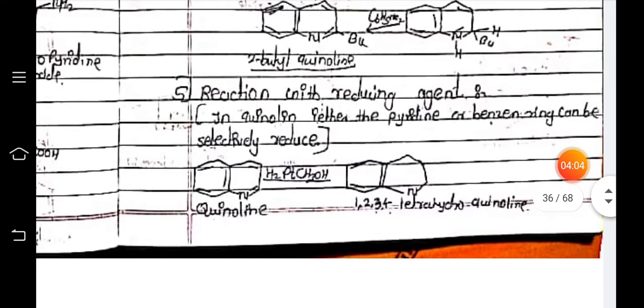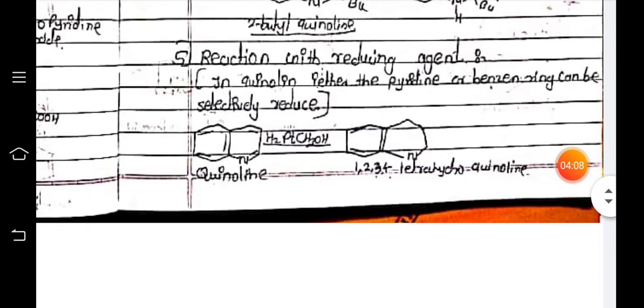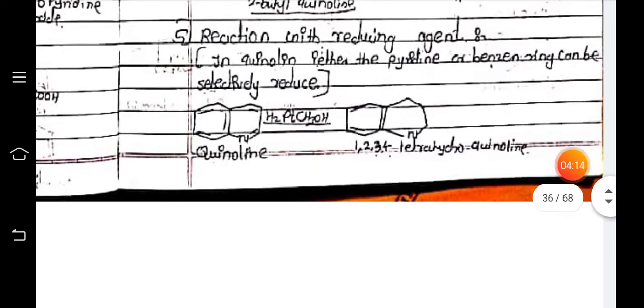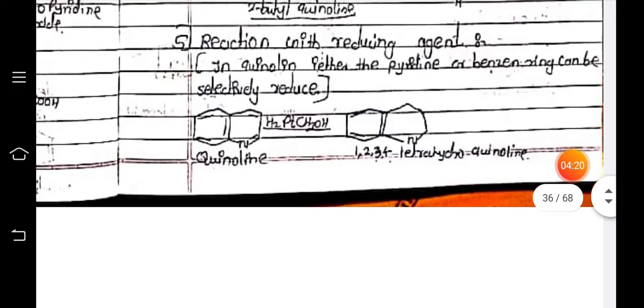The next reaction is the reaction with reducing agents. In quinoline, either the pyridine ring or the benzene ring can be selectively reduced. Reducing agents are those agents which reduce the ring systems, that is, reduce the double bonds. In the case of quinoline, only the double bonds of the nitrogen-containing pyridine ring are going to be reduced.